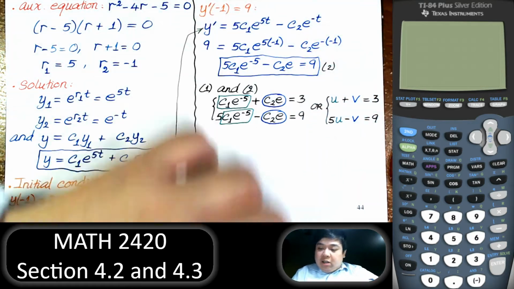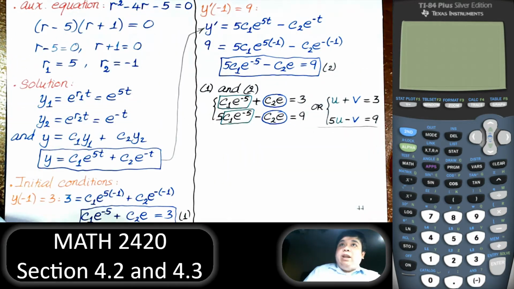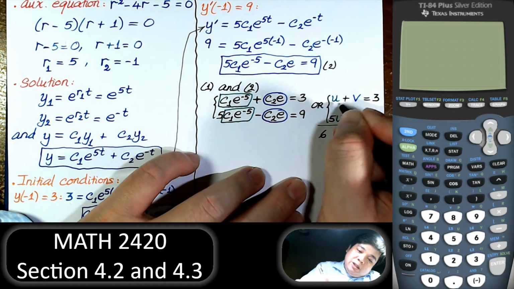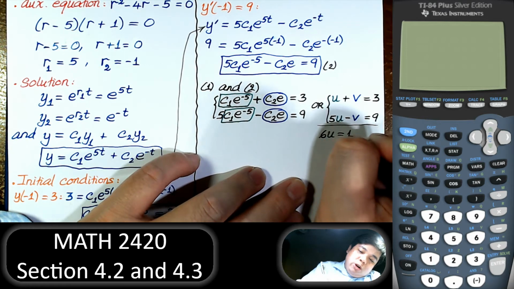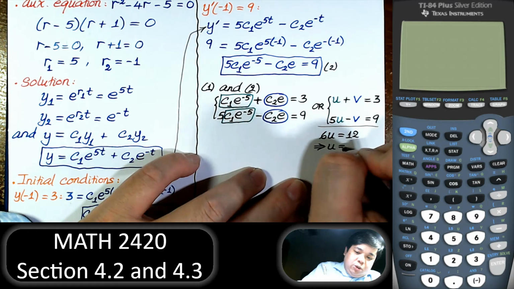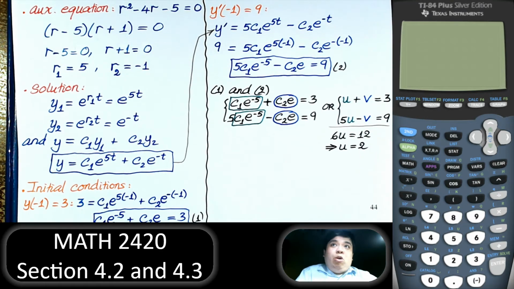If we add side by side, v and v cancel out, we have 6u equal to 12. So u is equal to 2. Simple enough, right?